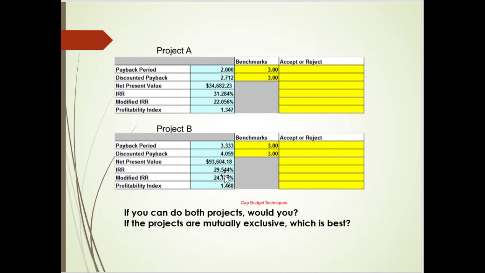However, the internal rate of return says project A is better than project B. So we have a conflict. And we're going to be discussing this conflict throughout the next couple of videos. But the basic concept here is you should always choose the one with the highest net present value. But sometimes we get these conflicts that we need to try to explain.